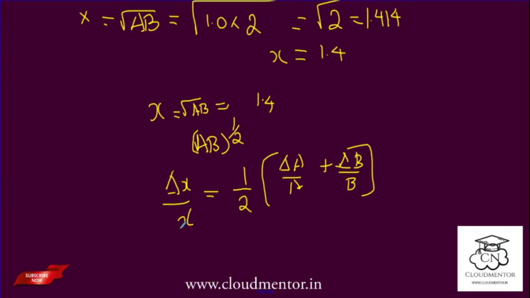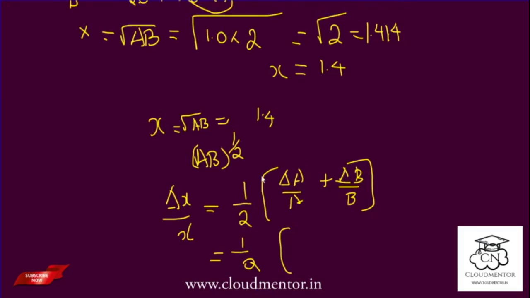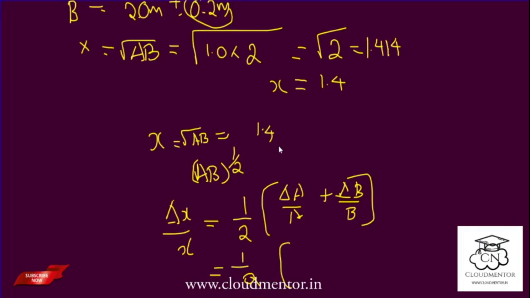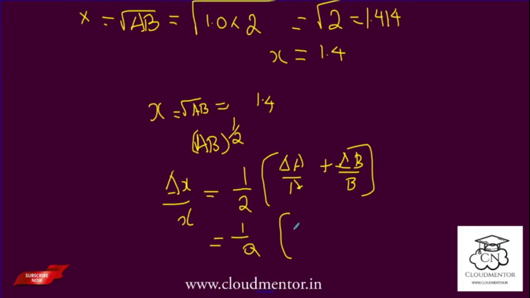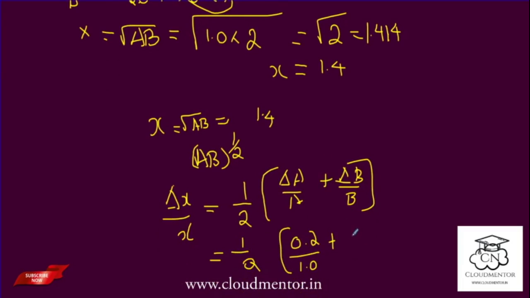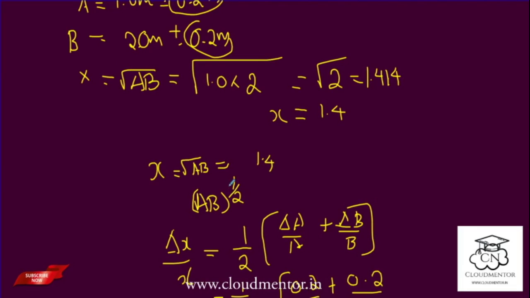So applying that, delta x by x equal to 1 by 2 of 0.2 divided by a, which is 1.0, plus delta b, the same 0.2, divided by b, which is 2.